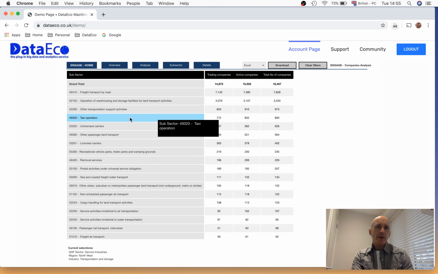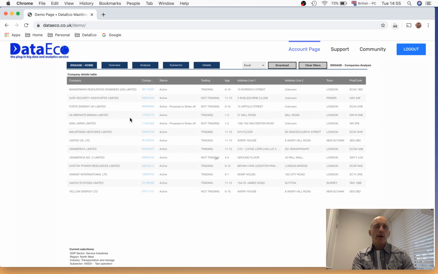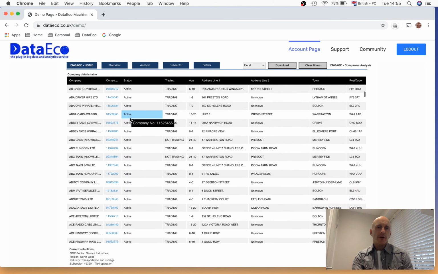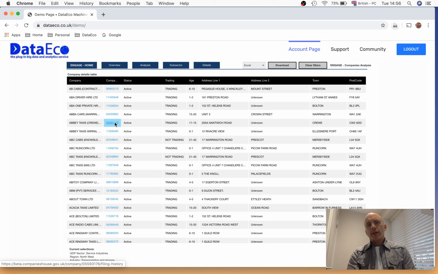So we'll have a look at the individual companies, and we can see a list of companies, their high level, whether they're active or trading, their addresses and the age of the individual company. We've also got a link to their trading history, and it may be well that we have a look at a company which has been well established, 11 to 15 years, and is in Crewe.